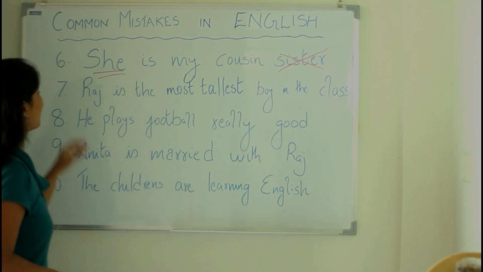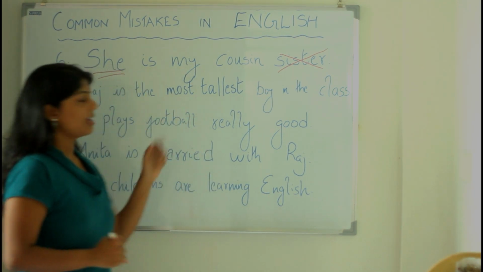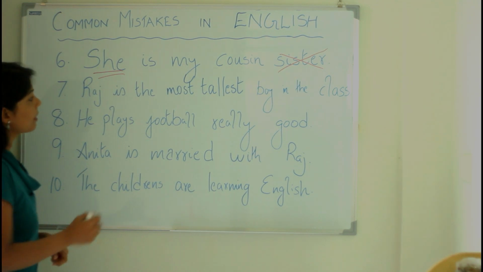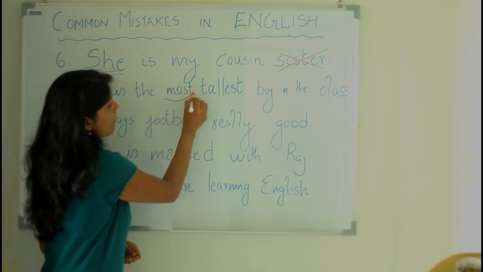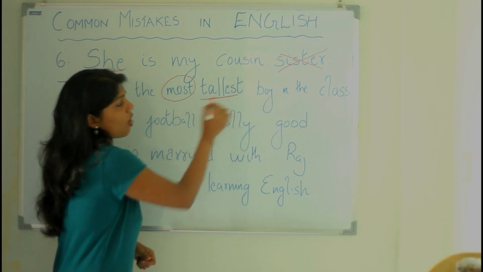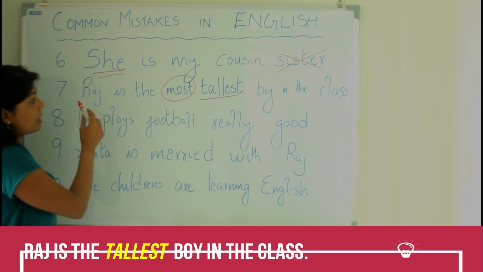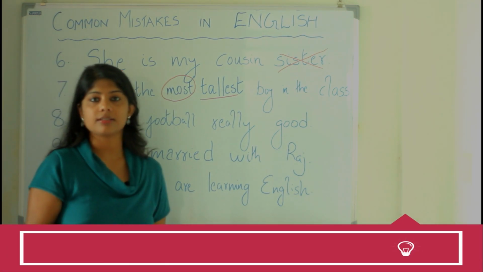The next sentence, Raj is the most tallest boy in the class. There is a mistake in this sentence. Here, the word most is not required because the word tall is already in its superlative form. Hence, the correct sentence will be Raj is the tallest boy in the class.